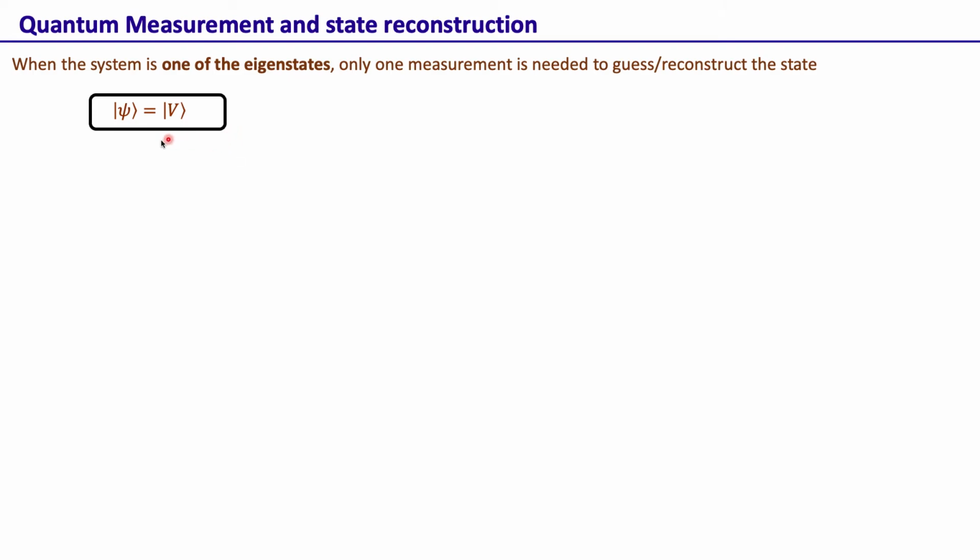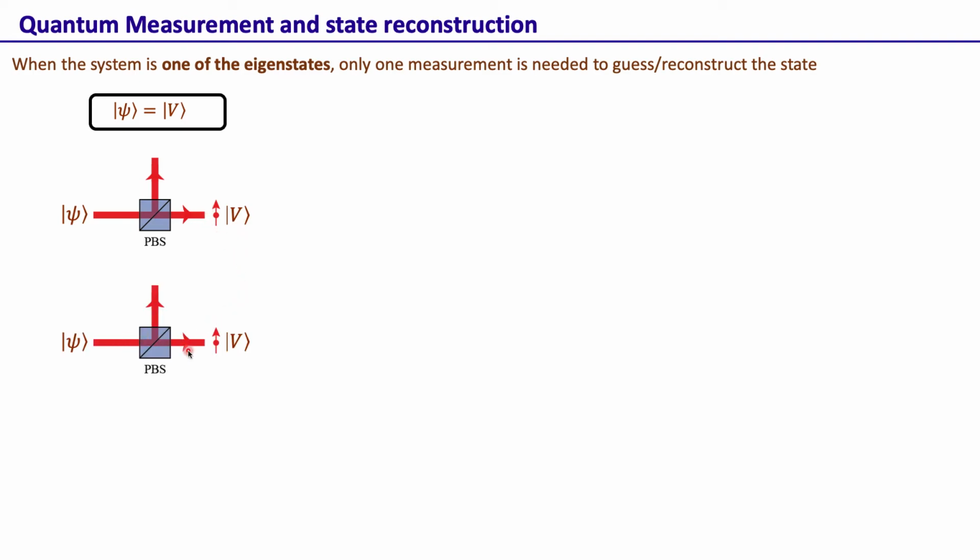We can take one example here. Suppose we know the system is in one of the eigenkets, let's say V, and we know the horizontal vertical is a two-dimensional basis. If we bring in this measurement device, the polarizing beam splitter in the horizontal vertical basis, and make a measurement, we will find in the first measurement that the photon is vertical.